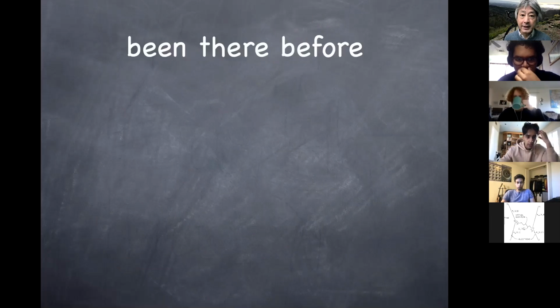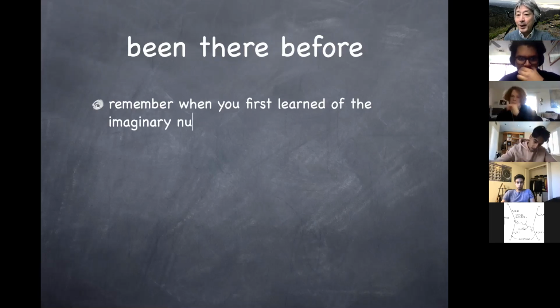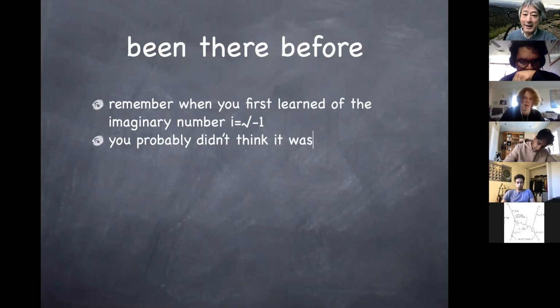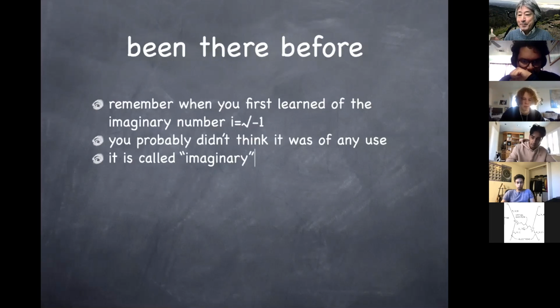Okay. Just to minimize this bizarreness as much as I can, let me remind you, when you first learned about the imaginary number, i being the square root of minus 1, I don't know if that was middle school or high school, but I'm sure you felt like, okay, this is just a pure academic mathematical artifact. The name indeed says imaginary, so it can't be anything real.